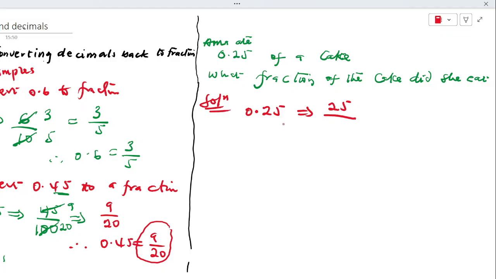The number of decimal places is 2, which tells you that the denominator is going to be 100. So now the next step is to simplify. You ask yourself which number goes into 25 and at the same time goes into 100. And that number is 25 itself. 25 goes into itself 1 time and goes into 100 4 times. So our answer is now 1 over 4. Therefore, 0.25 is equal to 1 over 4 as a fraction.